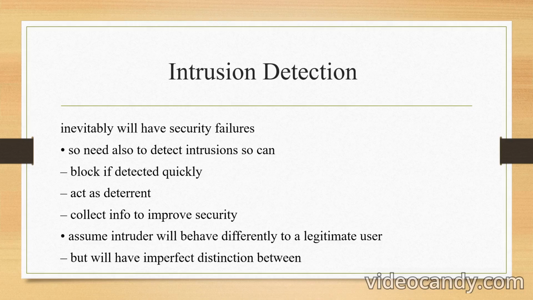Second one is, an effective intrusion detection system can serve as a deterrent, so acting to prevent intrusions. Third one is, intrusion detection enables the collection of information about intrusion techniques that can be used to strengthen the intrusion prevention facility.